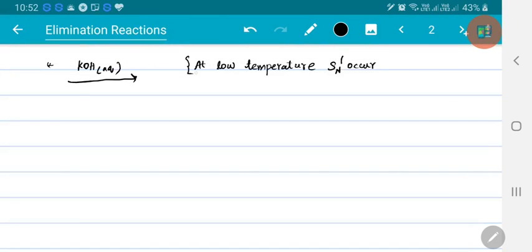But at high temperatures, that means if you heat it, assume that temperature is greater than room temperature, maybe greater than 25 degrees centigrade generally, it leads to elimination product. At low temperature, it leads to SN1 product. At high temperature, it leads to elimination product.